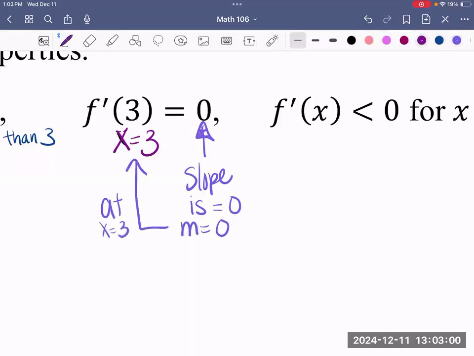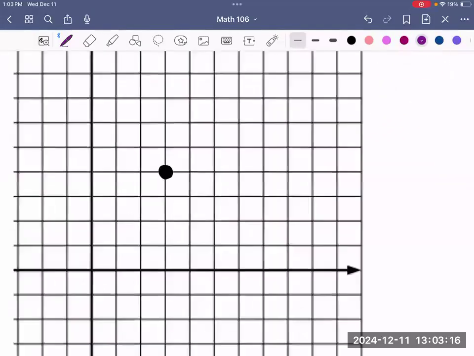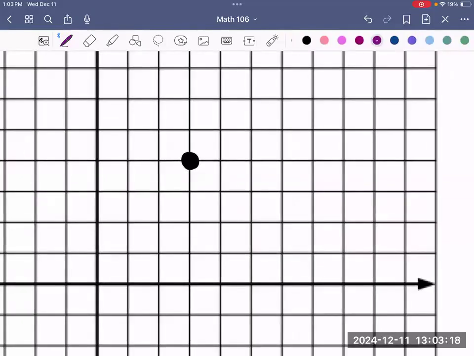And we know that this is your first derivative, which gives us information about the slope of the tangent line. So if we know that the slope is 0 at that value, what kind of lines are at 0?